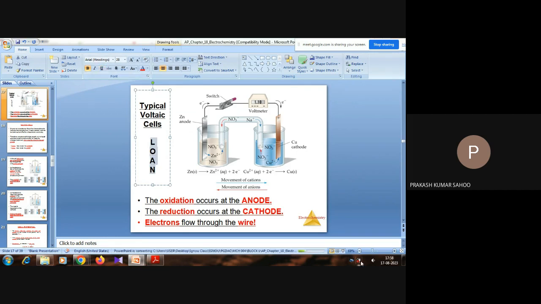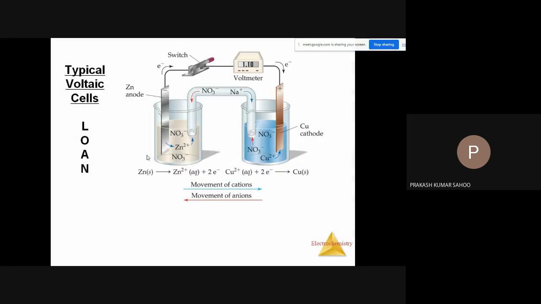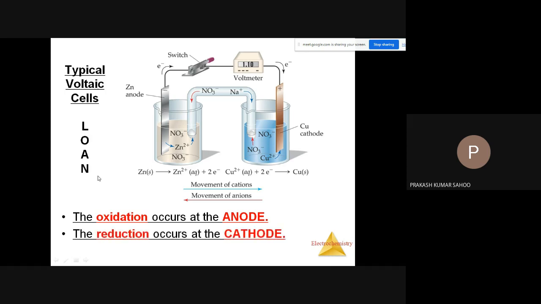Okay, so what is loan? In an electrochemical cell or voltaic cell or galvanic cell, this LOAN concept is helpful to us to have no confusion which one is anode, which one is cathode, which one is negative, which one is positive, what will be the notation, what will be the reaction. Just remember this small word, that is loan, LOAN.